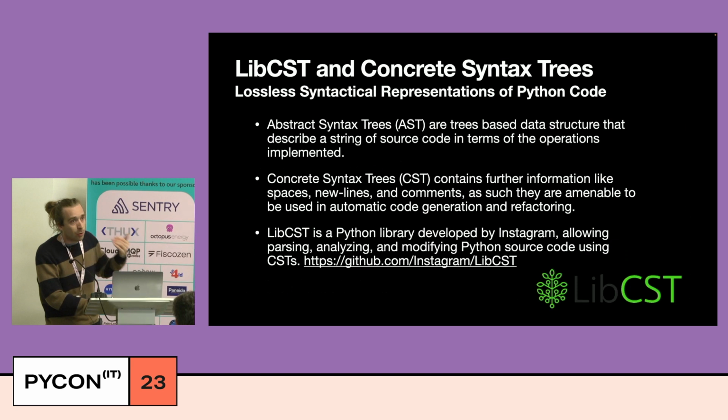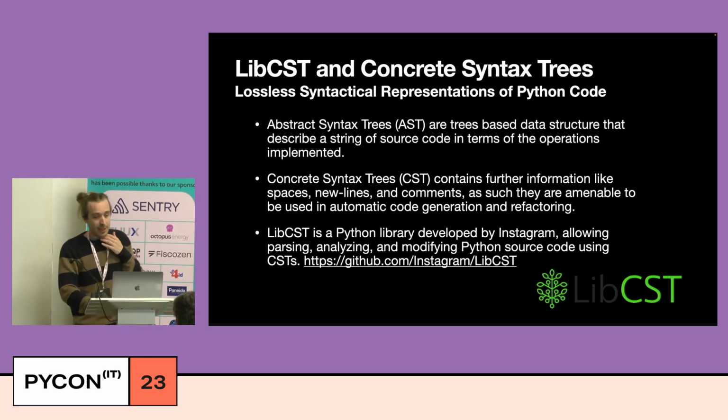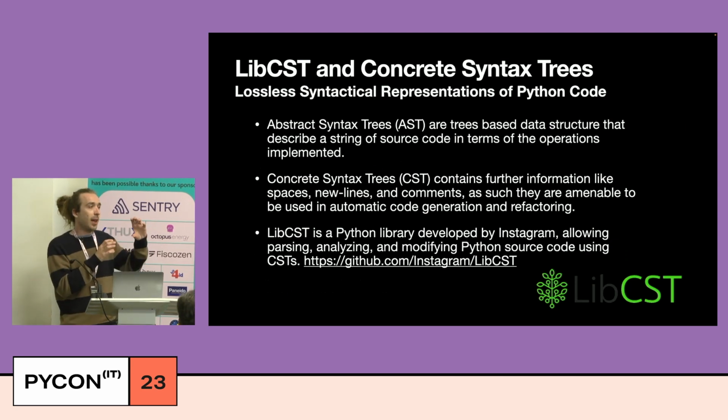So what is a concrete syntax tree, and what is LibCST, which is the package that allows us to run it? Basically, concrete syntax trees are a complication of abstract syntax trees that maintain all of the side information. An abstract syntax tree is a decomposition of a string representing source code that only contains nodes, operations, and the values of those operations.